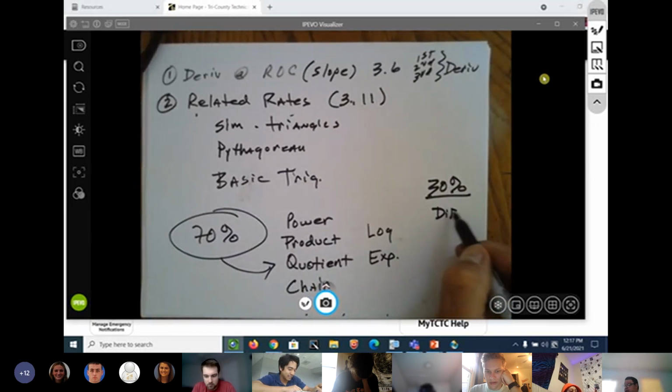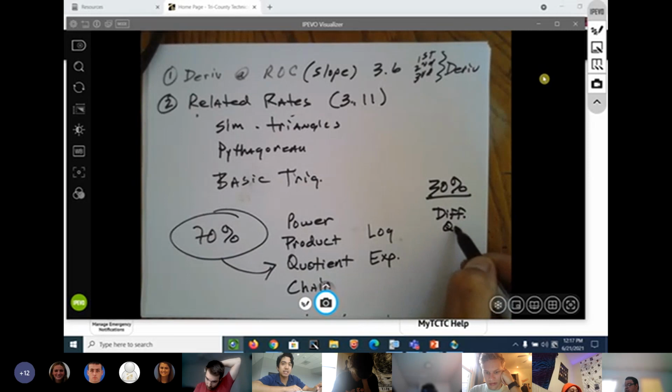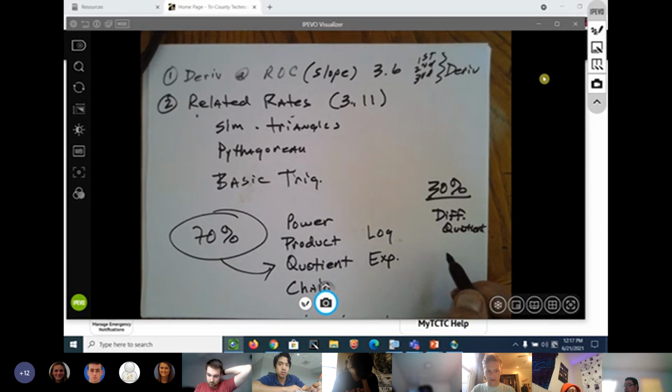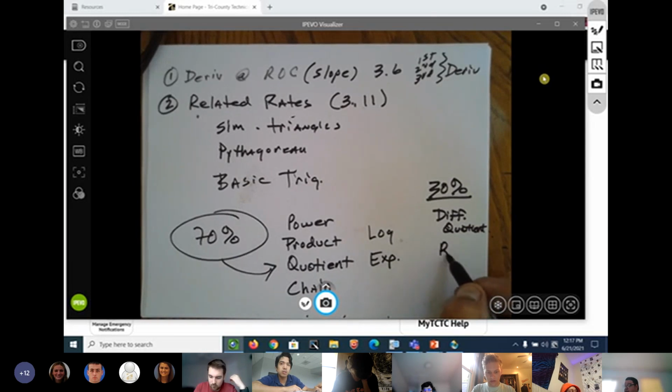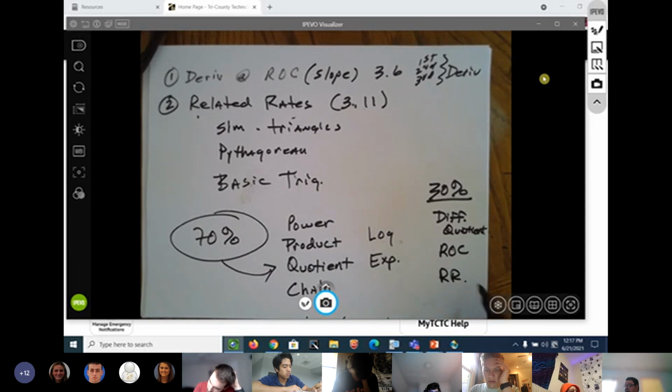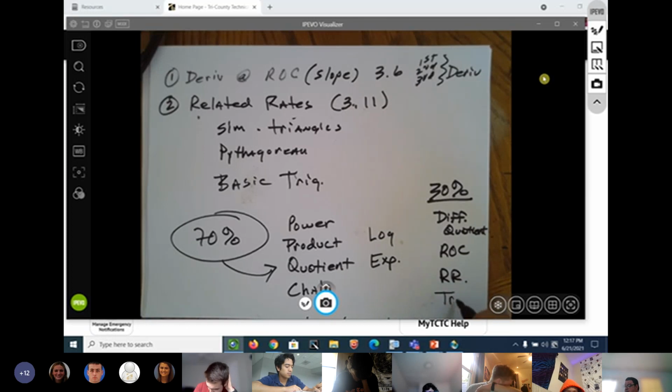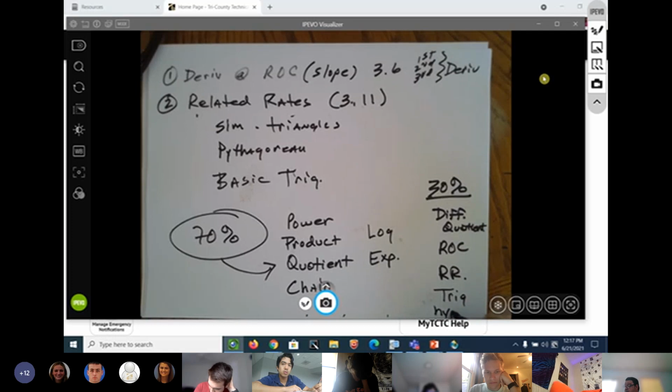You might get one question from the difference quotient. And you might get 1 or 2 questions from rates of change and related rates. And then you might get a trig question or a hyperbolic trig question.